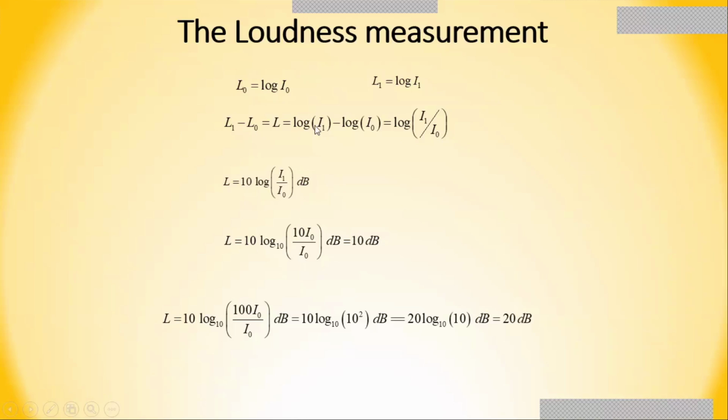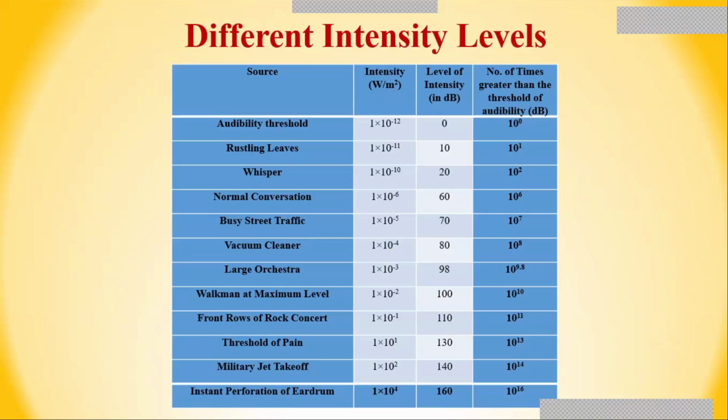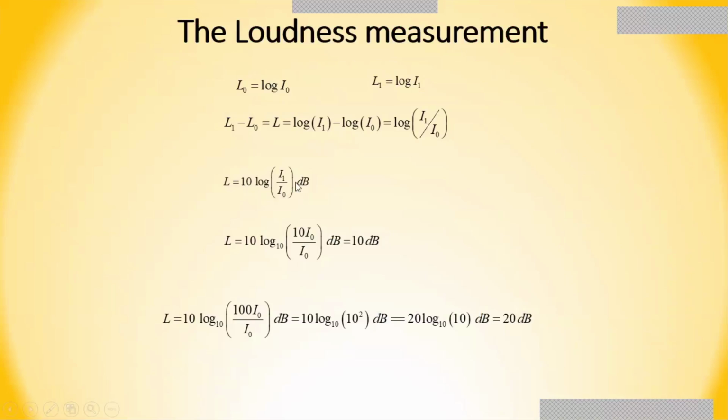Now in this case, the unit of loudness is bel. But bel is a very large unit and cannot be listened to by the human ear. It will be a very large intensity. So we will convert it to decibel. L is equal to 10 log I1 upon I0 in decibel.